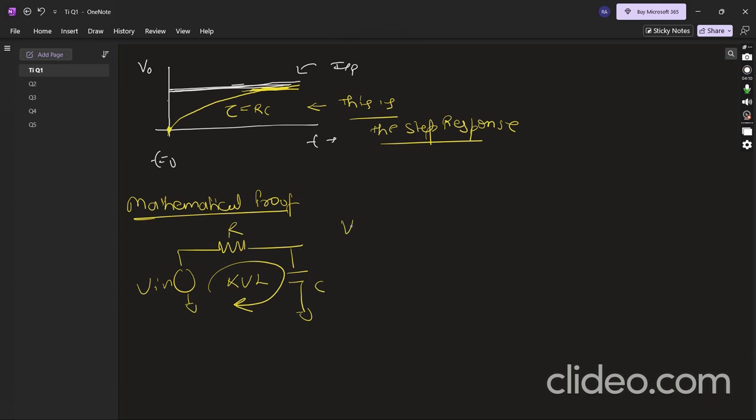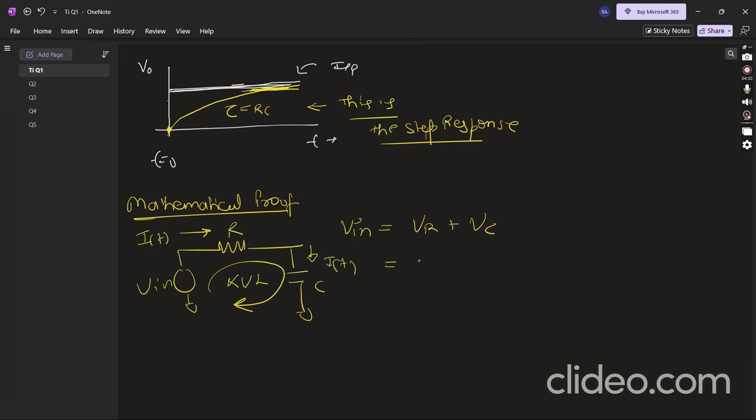This is R, this is C. So V input is equal to VR, the drop across R, plus VC, the drop across C. This current IT also flows into the capacitor.